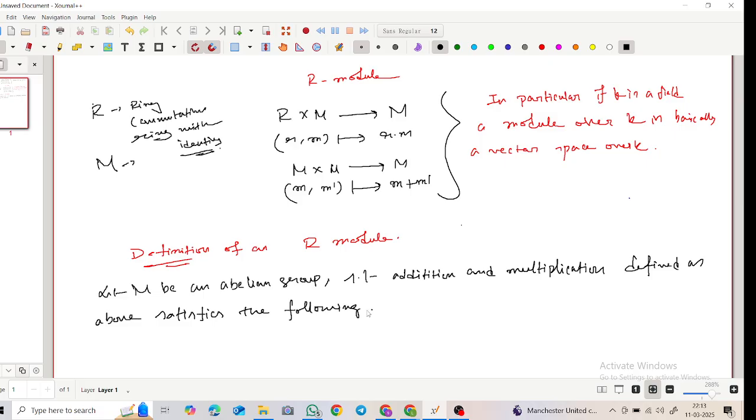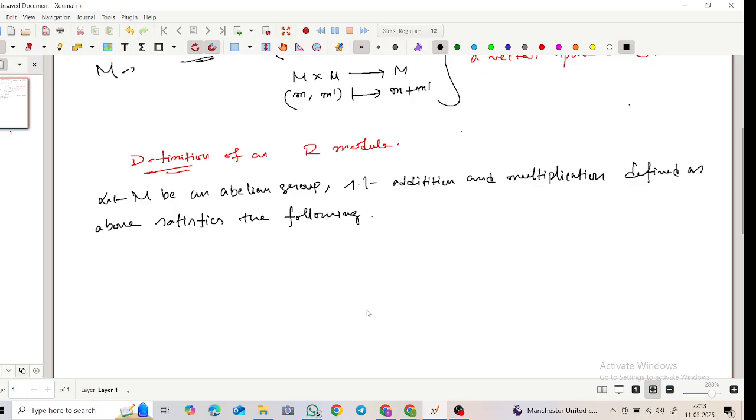We have studied vector spaces over a field. A vector space like structure over a ring is an R module.